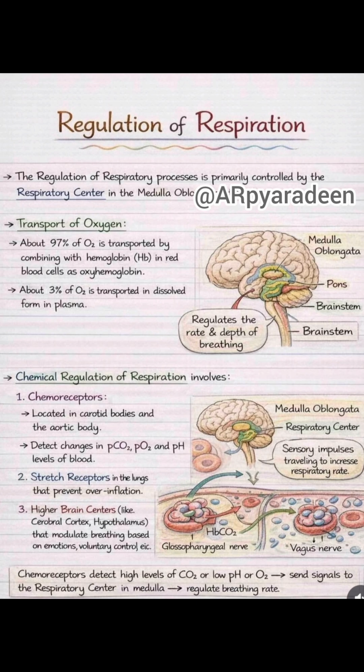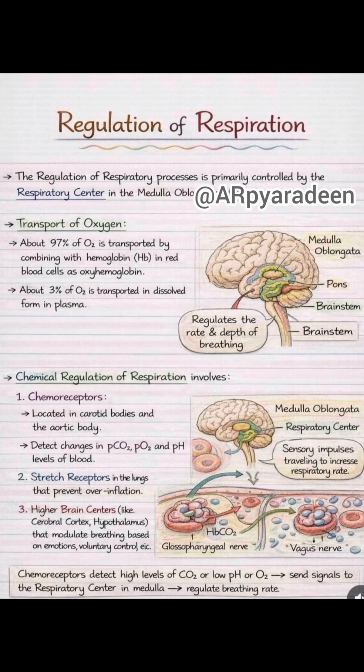Receptors associated with aortic arch and carotid artery also can recognize changes in carbon dioxide and H plus concentration and send necessary signals to the rhythm center for remedial actions. The role of oxygen in the regulation of respiratory rhythm is quite insignificant.